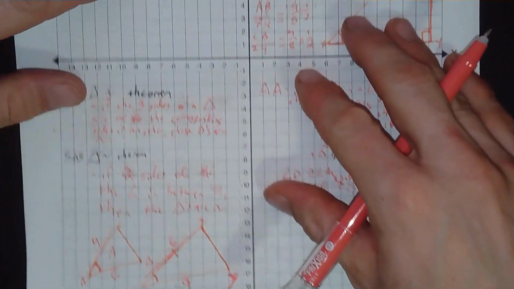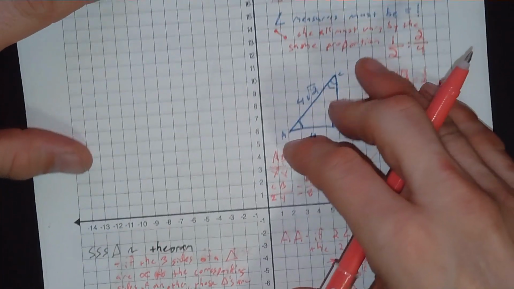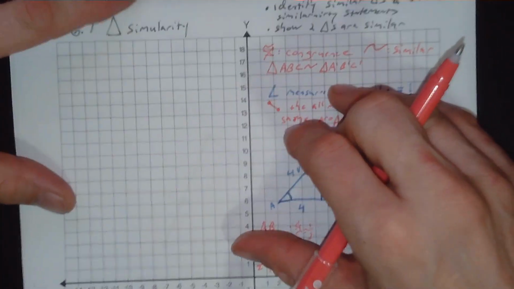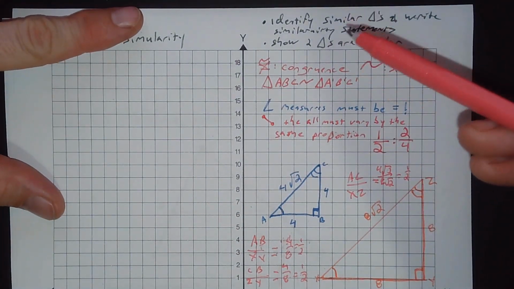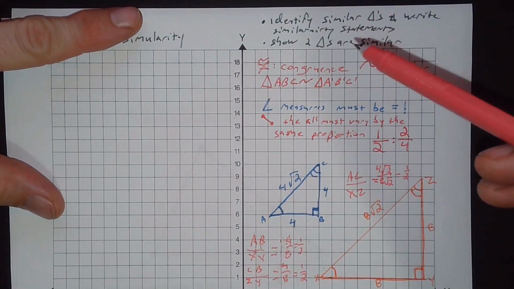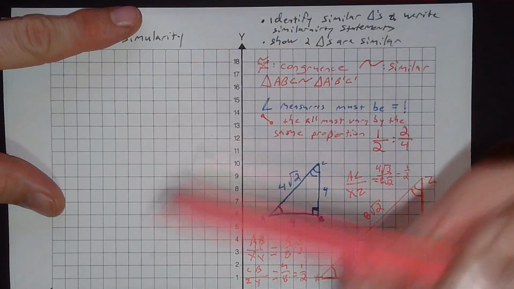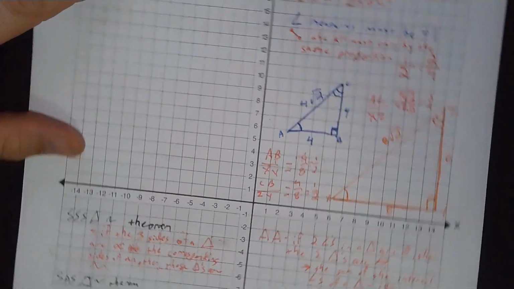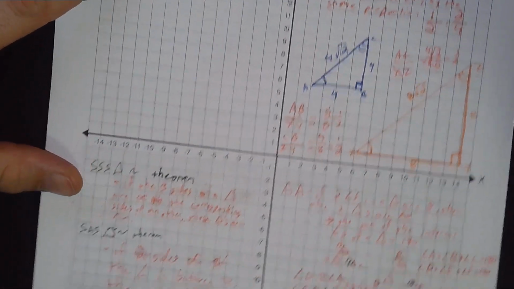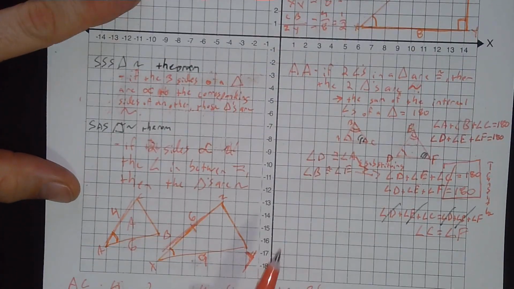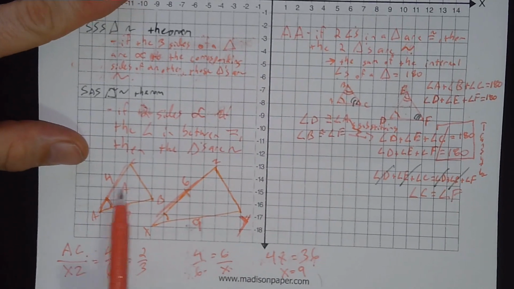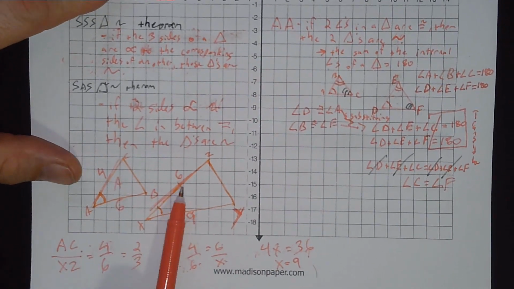All right. So we showed you a little bit about proportionality, and showed you how to identify similar triangles and write similarity statements. To write that these triangles are similar, you ready?